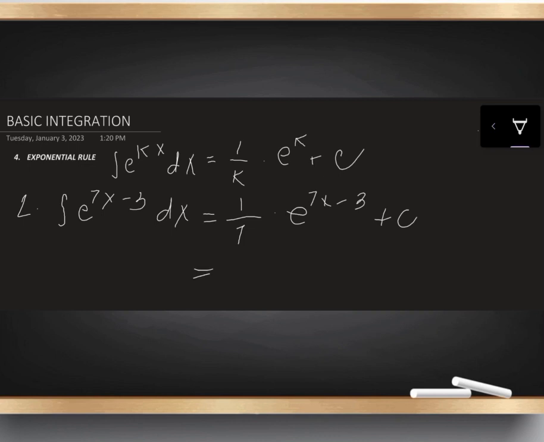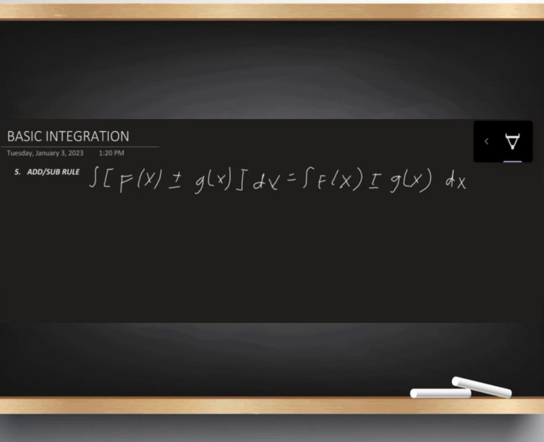So we just have to simplify or multiply 1 over 7 to e raised to 7x minus 3. So this will give us e raised to 7x minus 3 over 7 plus c. So this is our final answer.